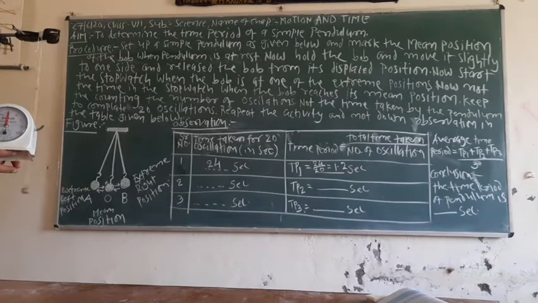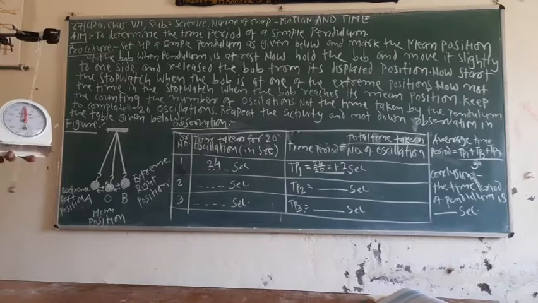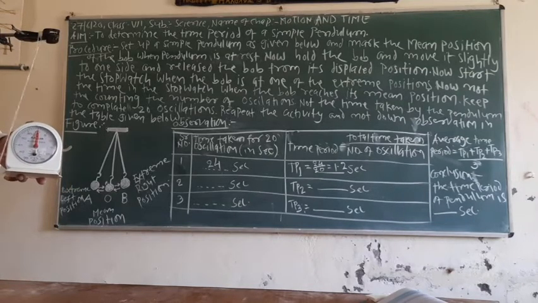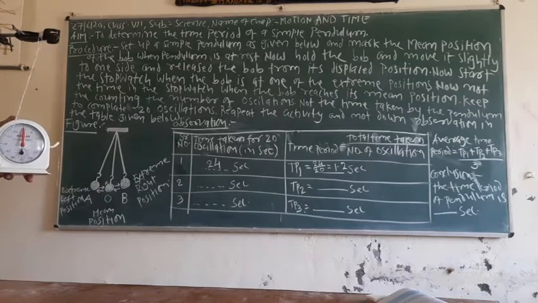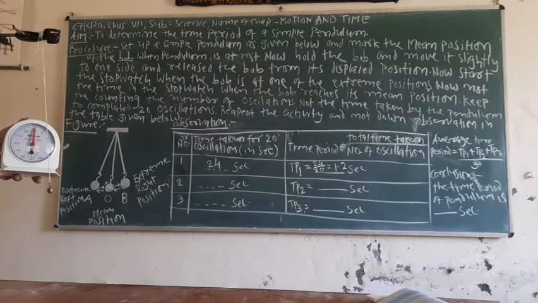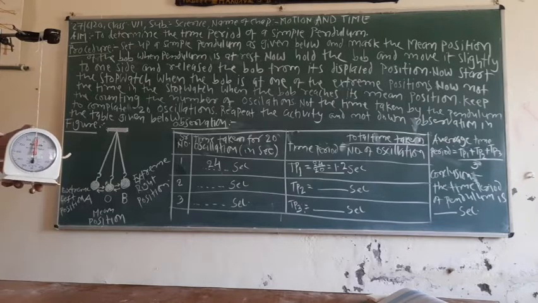Again we start the stopwatch to measure the time required to complete 20 oscillations. When the simple pendulum comes to my side, I start the stopwatch and count the 20 oscillations. When the 20 oscillations are complete, I stop the watch and record the time.